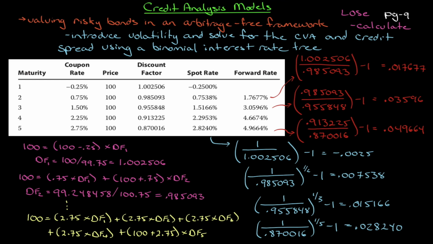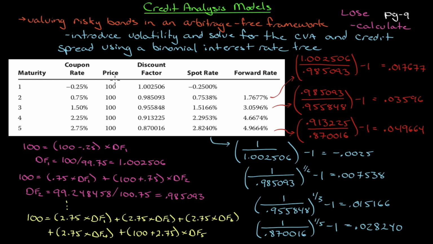So before we do that, let's do a quick review on how we move from par to spot to forward rates, just so that we're not confused about where these rates are coming from. If you don't need this review, then you could just skip ahead. Probably about 6 minutes is all I'll need.